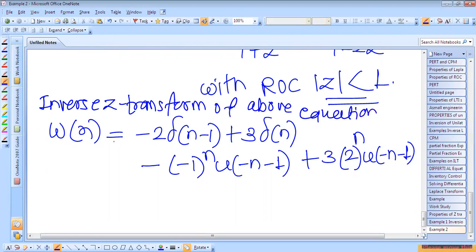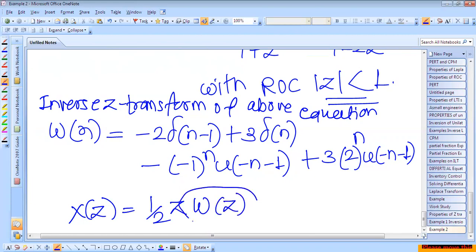Okay, so we have got this, and finally we have the factor, so X of z is equal to half into z W of z. We have found the inverse Z transform of this W of z, but this factor remains, that is half into z.